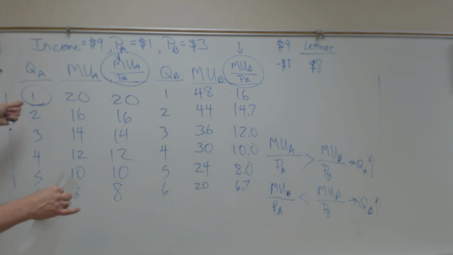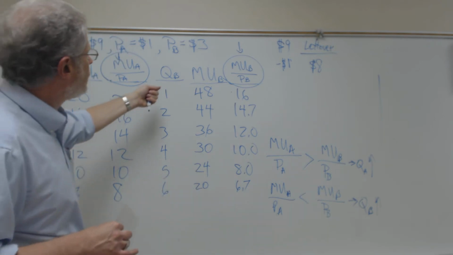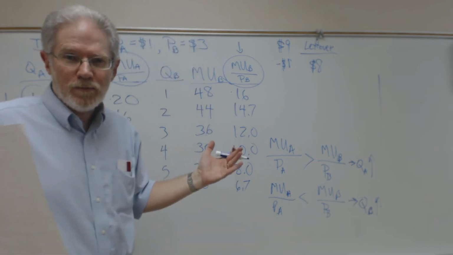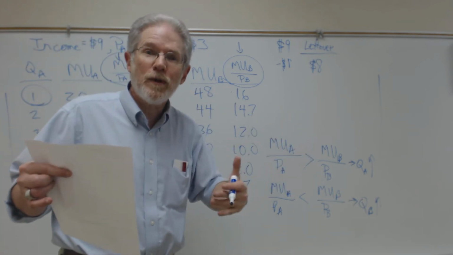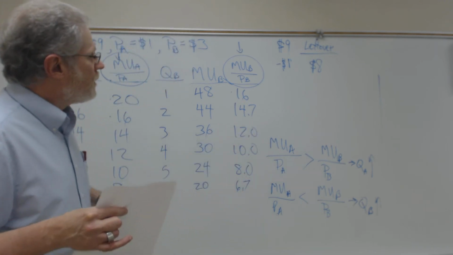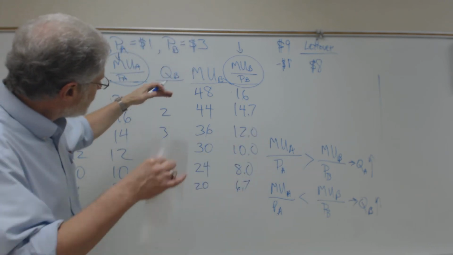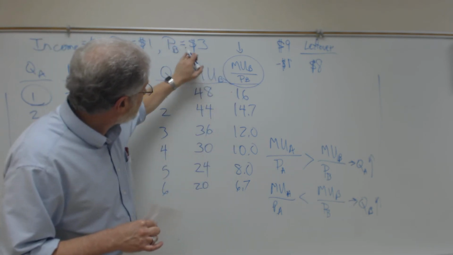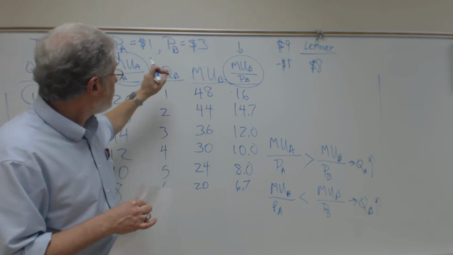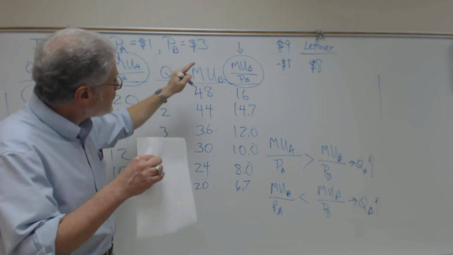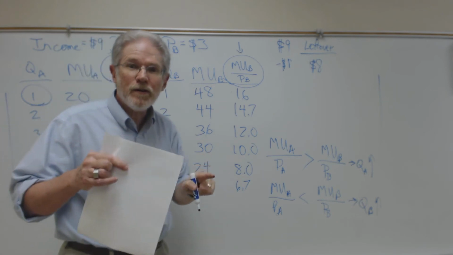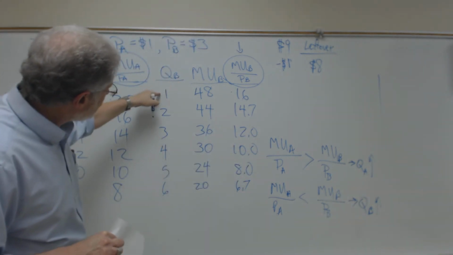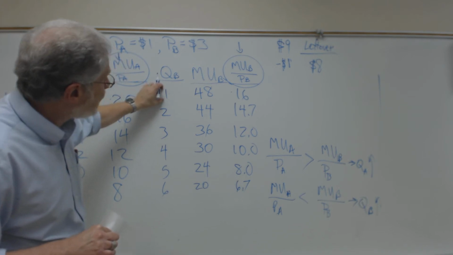So he's choosing between a second apple or the first banana. 16 or 16. They're equal. Okay. So we can say he's indifferent between the two. Okay. On the other hand, I wouldn't expect you to go into the details of this, but since the price of bananas is 3, when he buys that first banana, he's getting 16 units of extra utility on $3. So we're going to be really technical. He would prefer that first banana next.